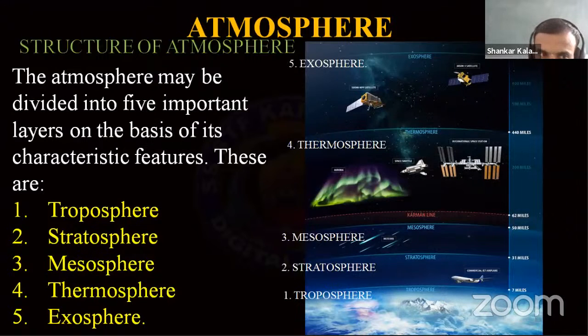The 5 layers are, first, the troposphere. The troposphere is spread from the Earth's surface up to 8 kilometers above the Earth's surface, as you can see in the picture on the left side of your mobile.